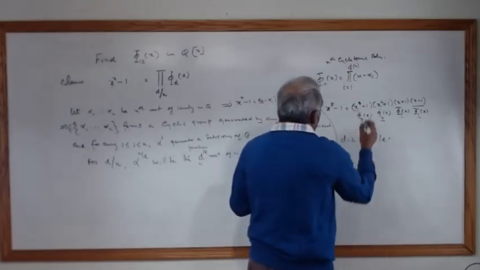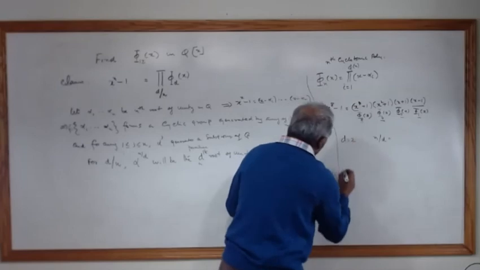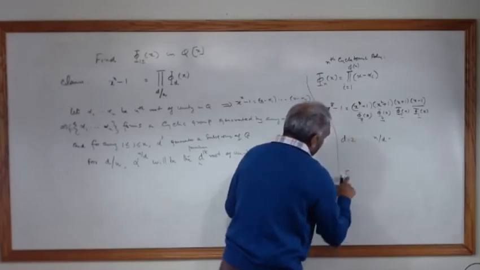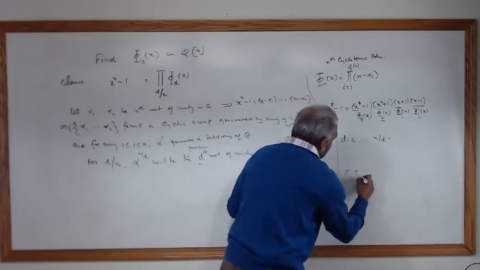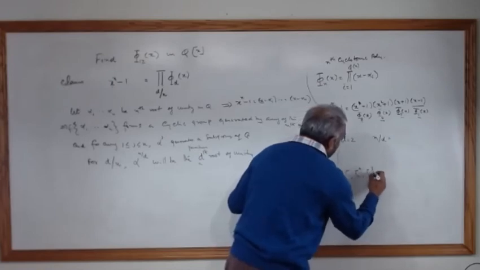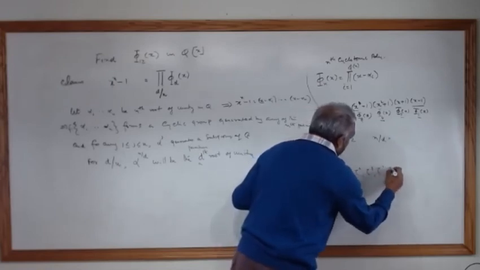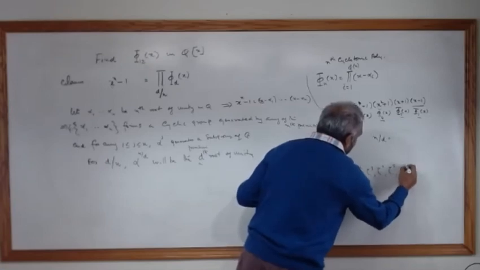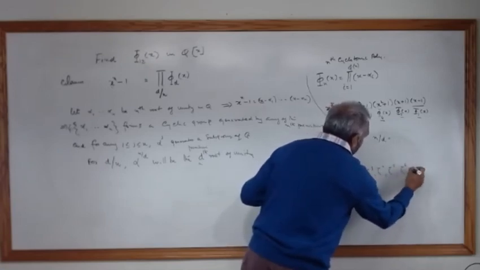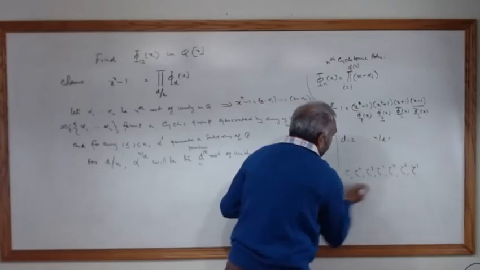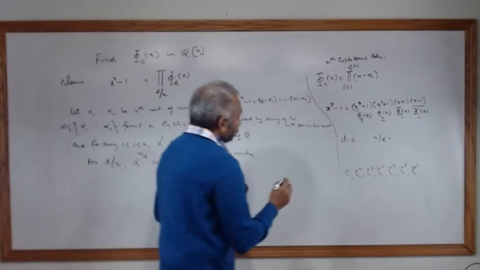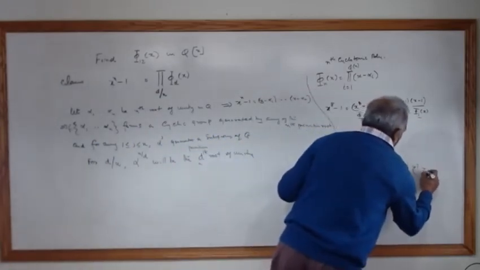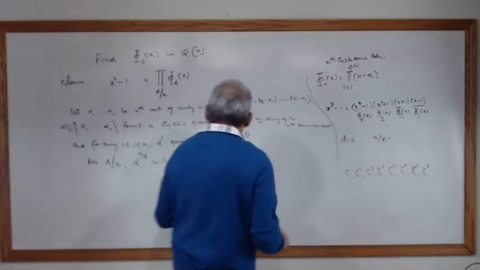If you consider the roots, let zeta be the primitive 8th root of unity, then zeta, square, cube, 4, 5, 6 and 7, and the 8th power is going to be 1.